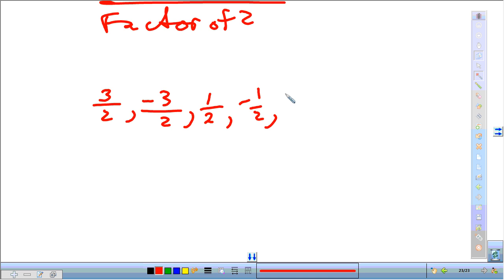Or we could take 1 and 1, and also 3 and 1. So the nice rational possibilities are 3/2, negative 1/2, 1, or 3, and their negatives. So a short list of things we might check.